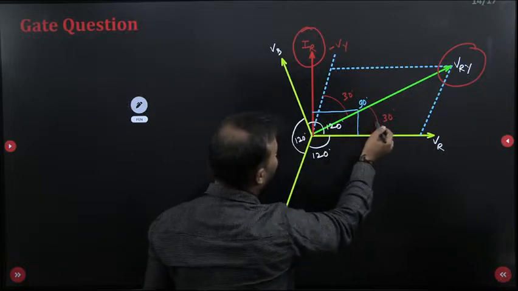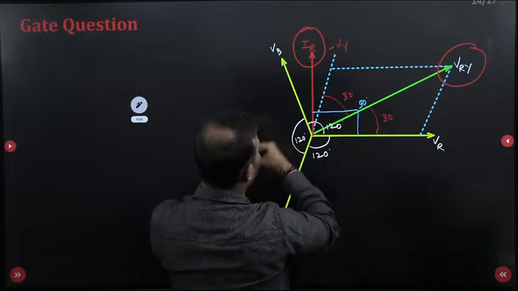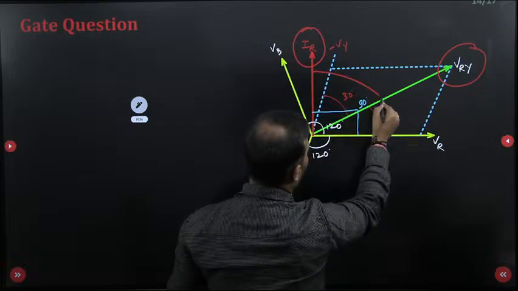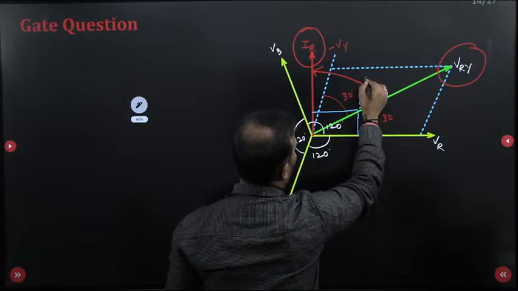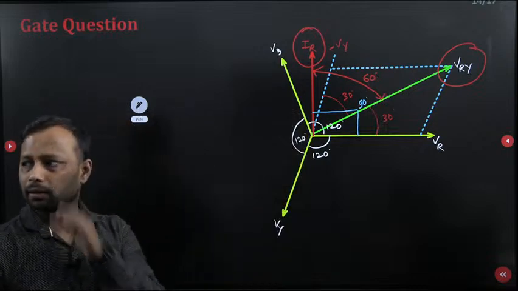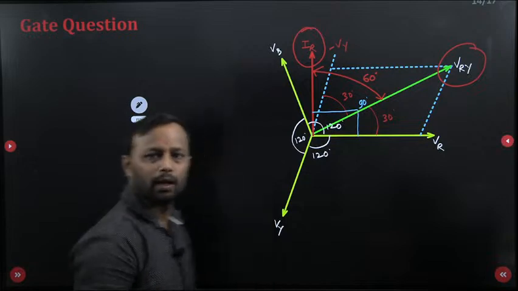So subtract 30 from 90, and we get this angle, which is 60 degree. Clear? Done?